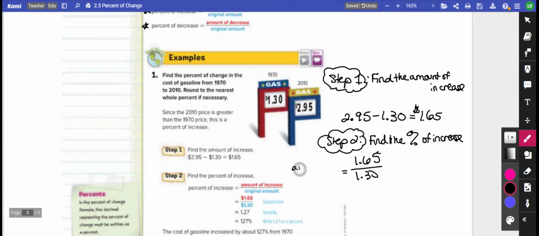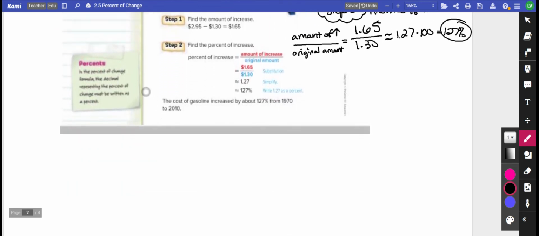So 165 divided by 130 is about 1.27. When you multiply that by 100, that gives you about 127%. So the percent of increase from 1970 to 2010 is 127%.